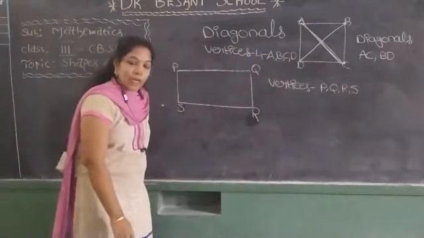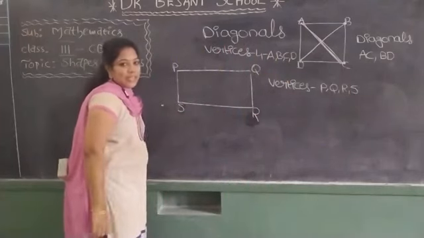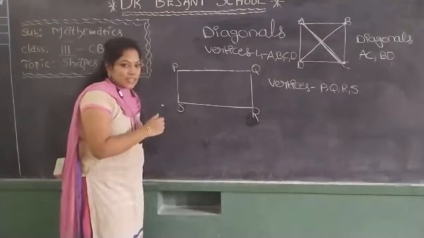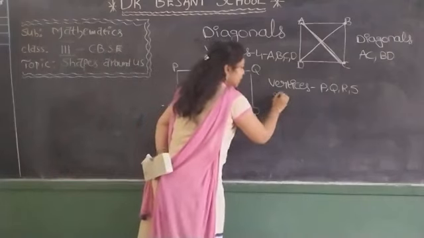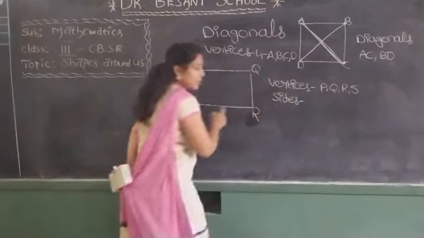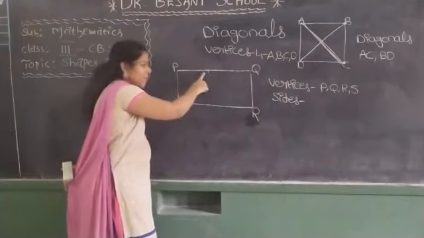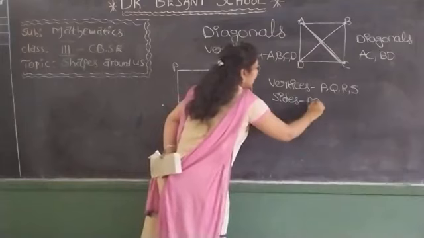Now I am asking about the sides. What are the sides for this rectangle? Observe and say, children. I am asking about sides. Yeah, this is one side. What is the name? PQ is one side.